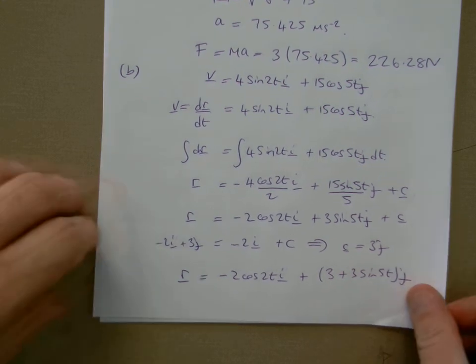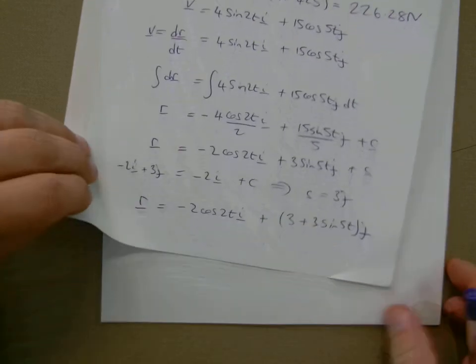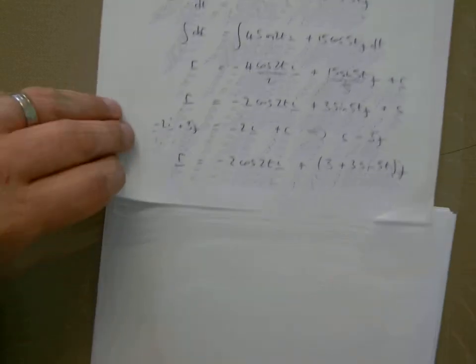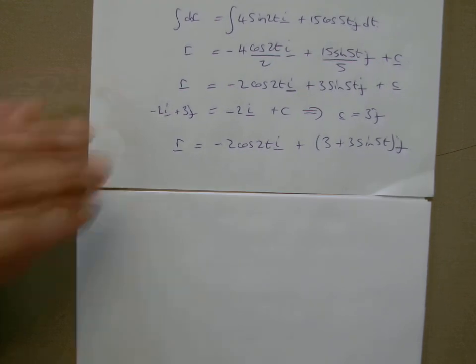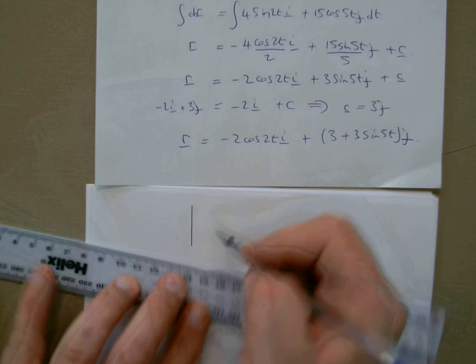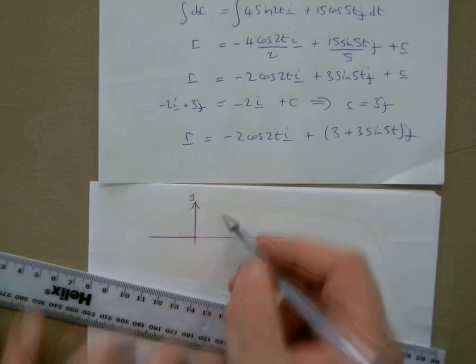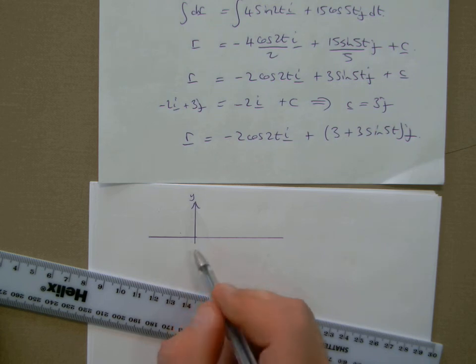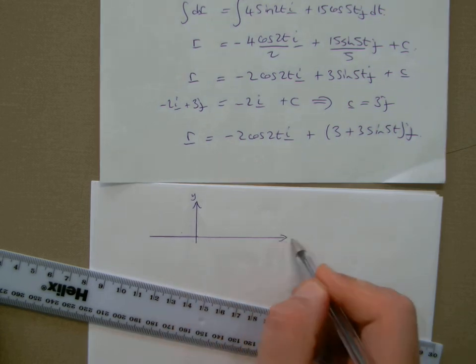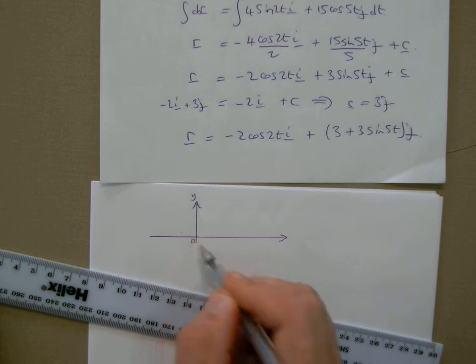Now, part C then, it says, calculate the time and the distance of the particle from the origin when it crosses the y-axis for the first time. If you think about it, when it crosses the y-axis, here's the y-axis, the vertical axis, it could cross anywhere along it, but the i component will be 0, yeah?